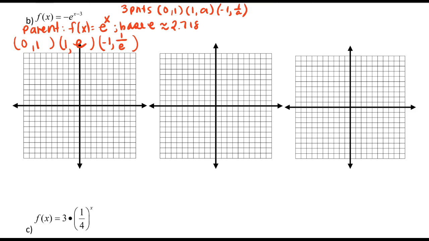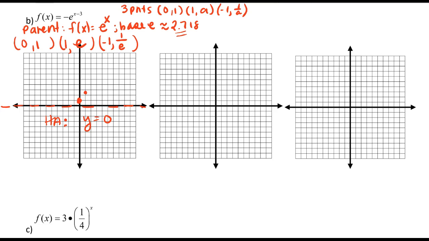And first things first, we are going to start with the horizontal asymptote at y equals 0. So this is your horizontal asymptote. Now I'm going to plot the point 0, 1. Then 1, e, and again, e is 2.7-ish, so I'm going to go past 2, underneath 3.